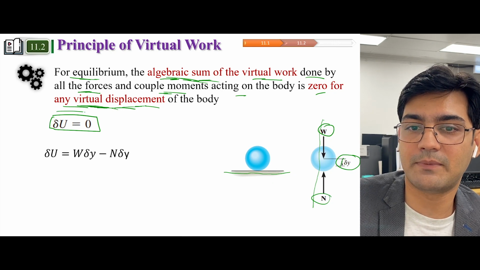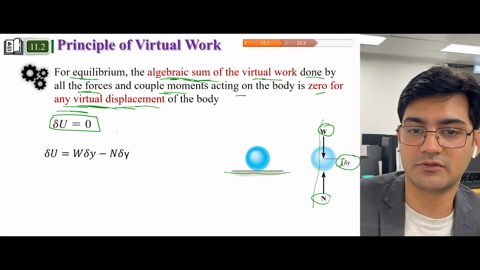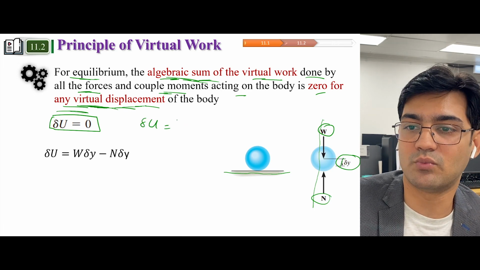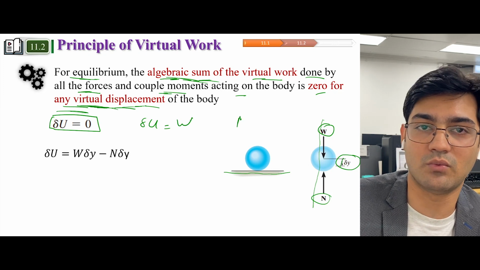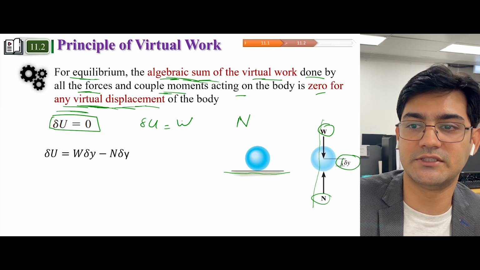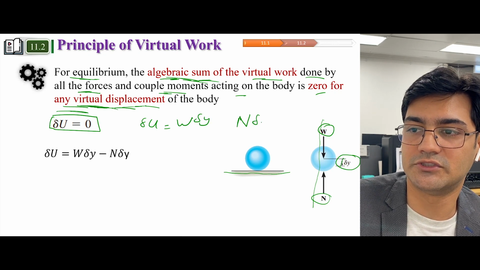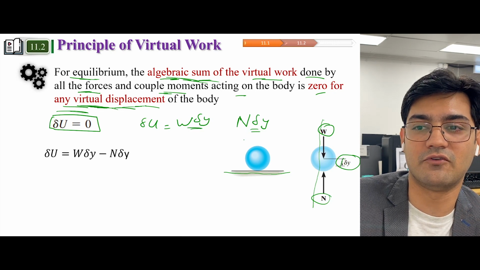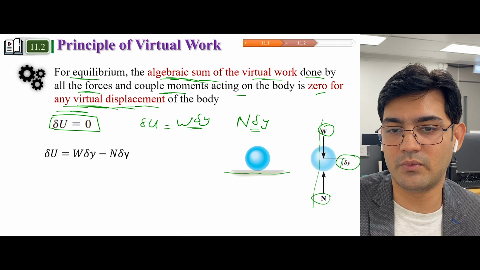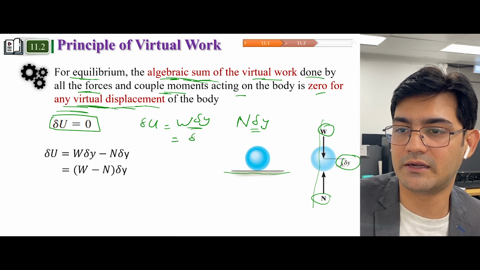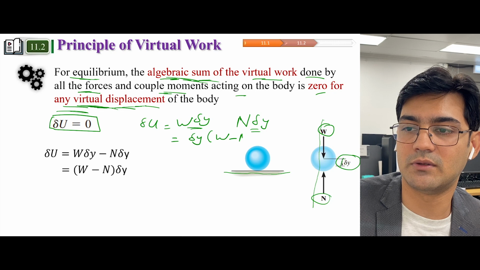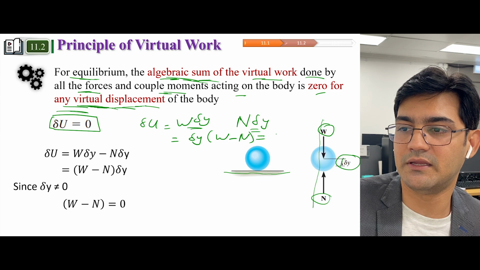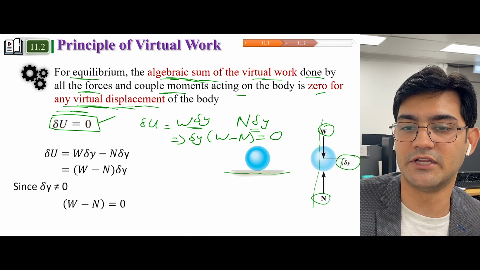So if we apply equilibrium, the virtual work is equal to 0. There are two forces acting in the direction: one is the weight and the other one is the normal force. So you also apply delta y, because this was the formula for work done. What we will do now is take delta y outside, so (W minus N) delta y, and we know it should be equal to 0 because of this condition.